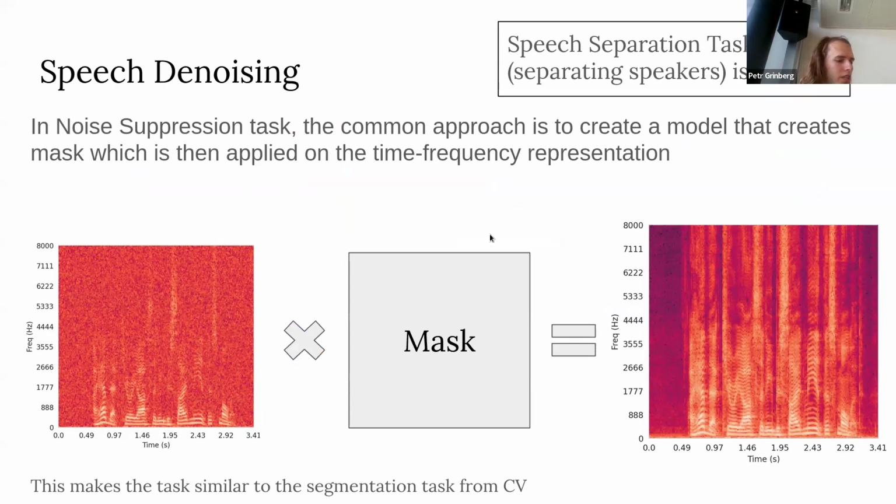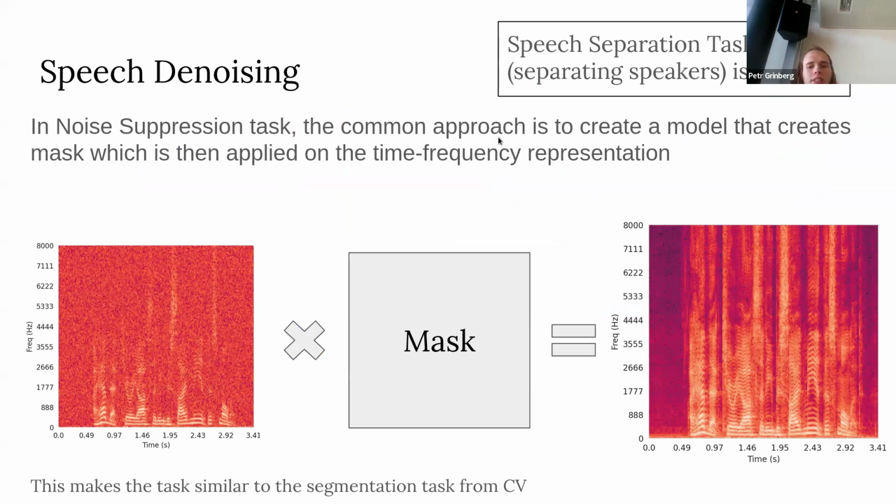Now let's go through some tasks and try to understand the general idea of how they work, how to solve them. I think it will be more interesting than focusing on just one task at a time. So speech denoising, also known as noise suppression, can be solved like this.